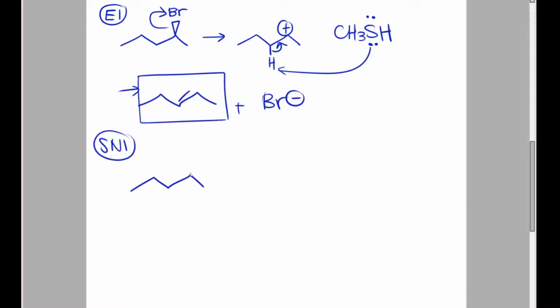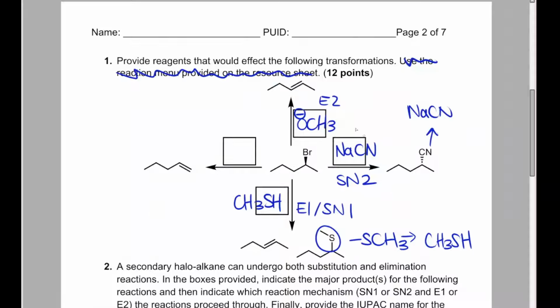This is a little bit different from the E1 reaction in that it doesn't form an alkene. Like the E1 reaction, the leaving group will first leave, and it's going to form a carbocation. But the next step is different. If you remember the second reaction I discussed, it was an SN2 reaction, and it involved an inversion of stereochemistry.